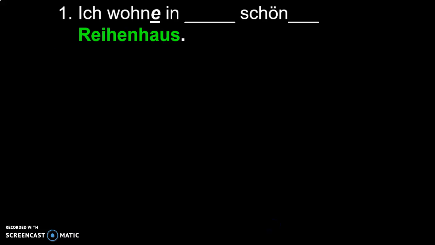Okay, so now what I want you to do is write these sentences in full. So, ich wohne in something schön with the ending Reihenhaus. Pause it and write it down.